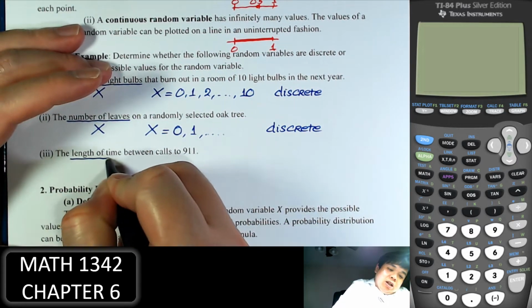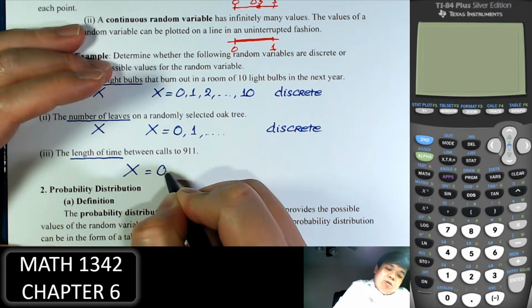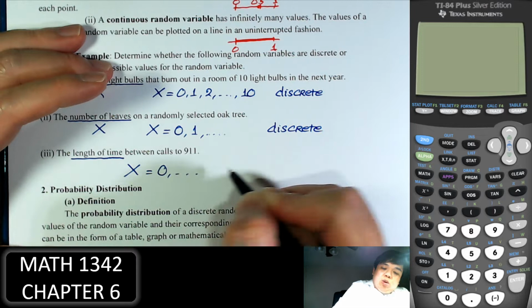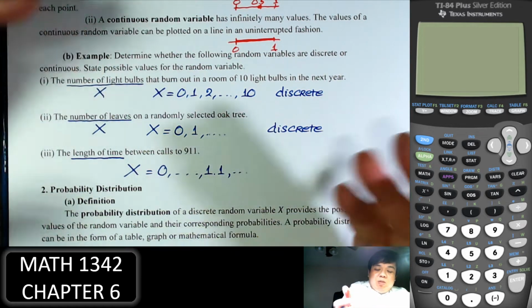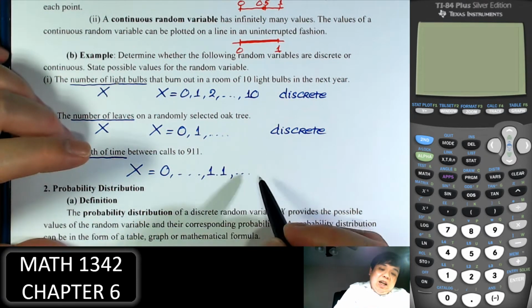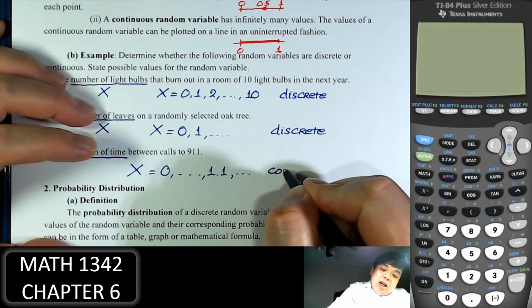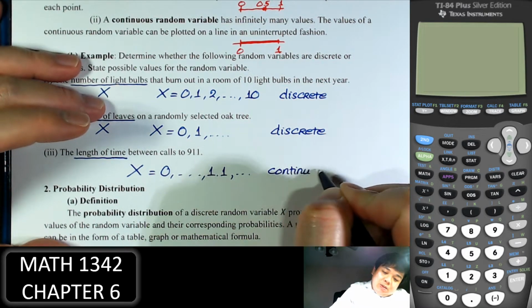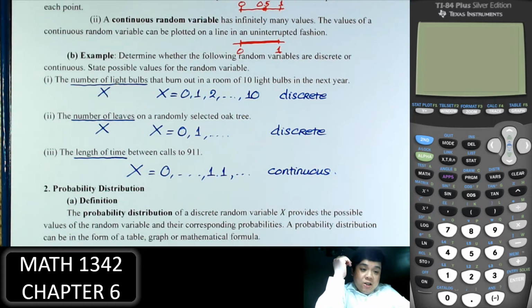If we let the length of time be x, it could be anywhere from 0 and could be 1.1 minutes, or pretty much any number. It does not go to infinity, however it can take any value, so it is continuous. In this chapter we focus on the discrete random variable.